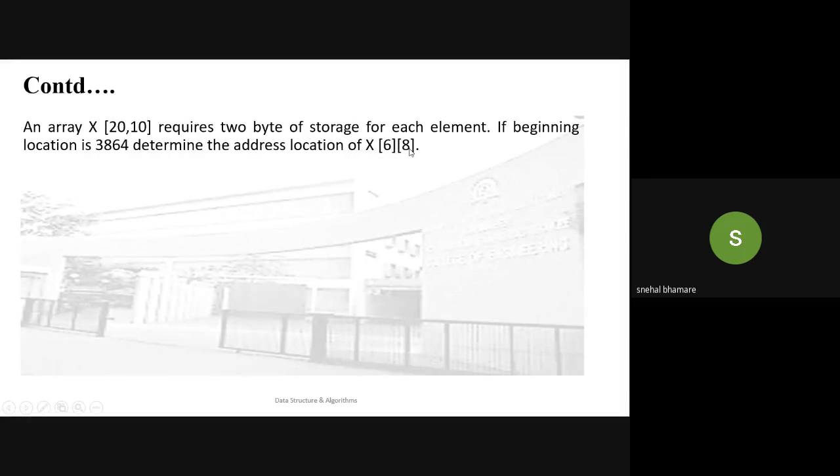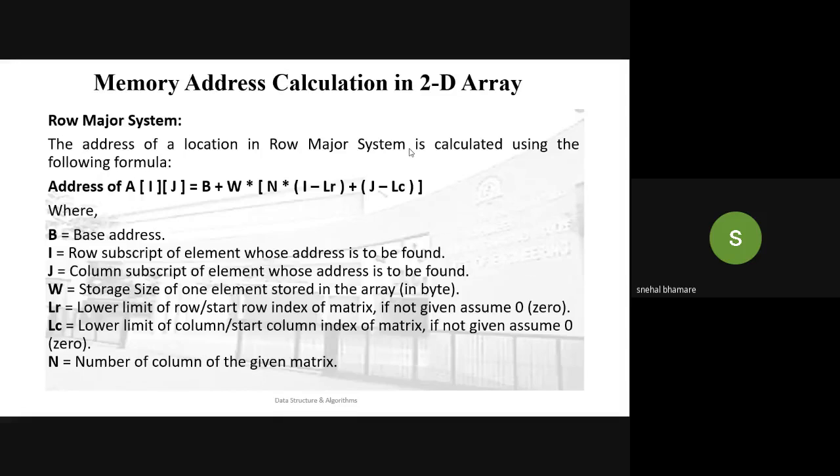I'll just show you the previous formula. This is the formula, that is address of Aij is equal to B plus W into in bracket N into I minus LR plus J minus LC.